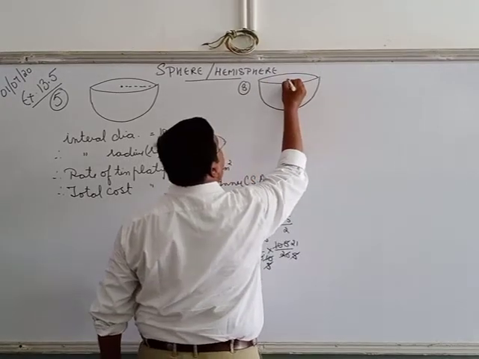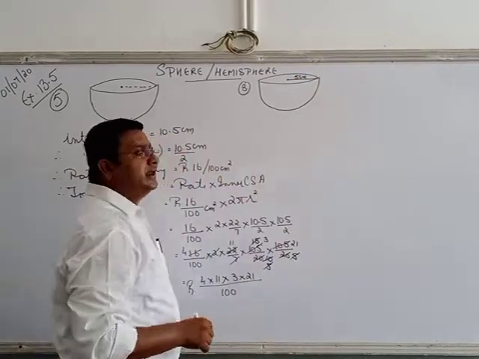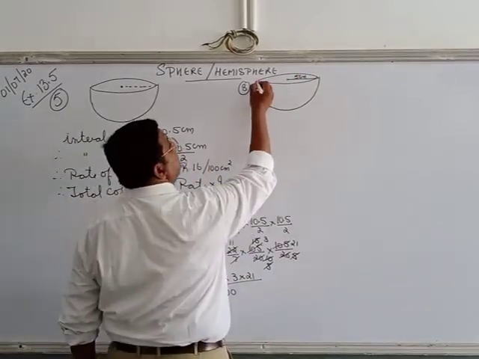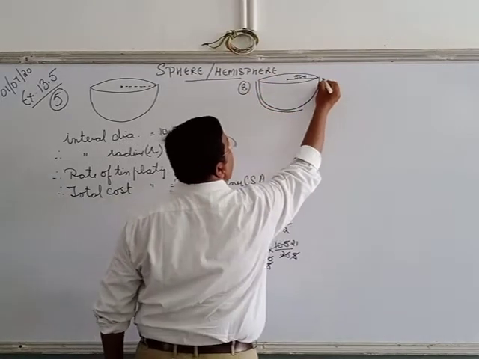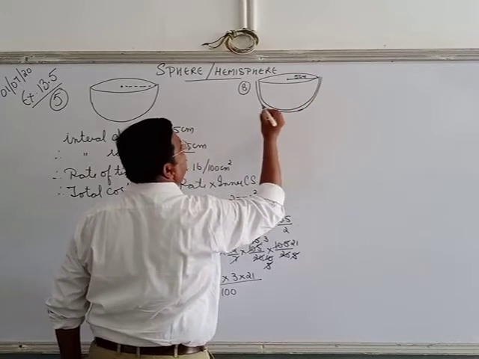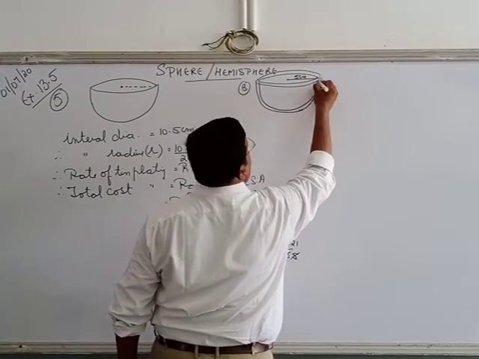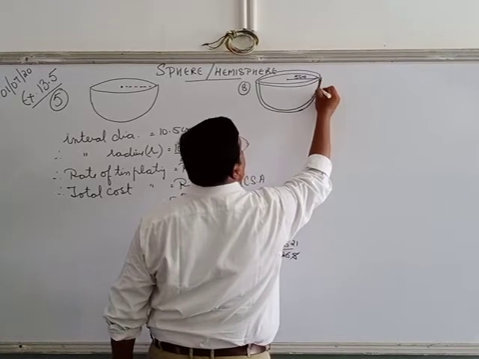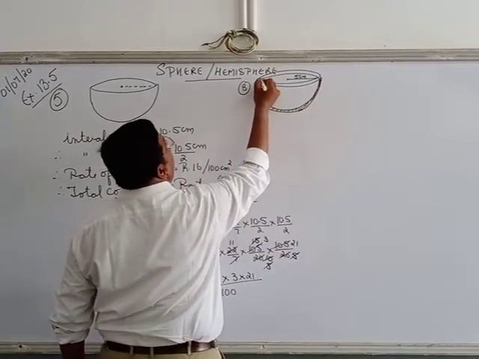Inner radius is given to us, that is 5 centimeter. Clear? And the thickness of the steel. This is the thickness of the steel where it is used. And this thickness, can you see this thickness? This thickness is 0.25 centimeter thick.